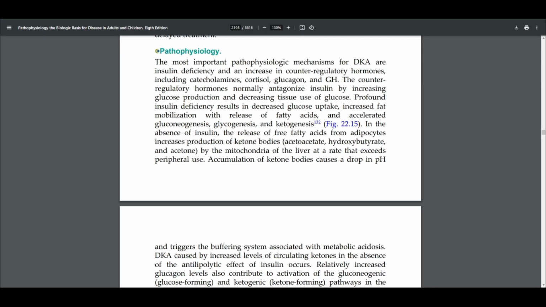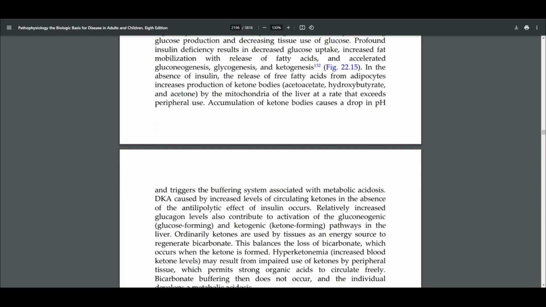In the absence of insulin, the release of free fatty acids from adipocytes increases production of ketone bodies by the mitochondria of the liver at a rate that exceeds peripheral use. Accumulation of ketone bodies drops the pH and triggers the buffering system associated with metabolic acidosis.